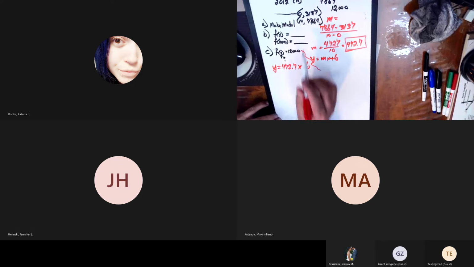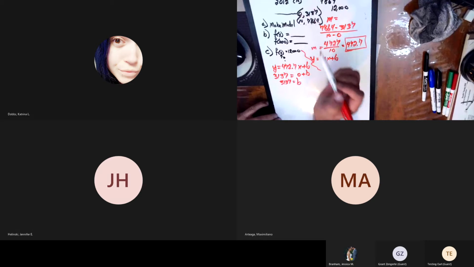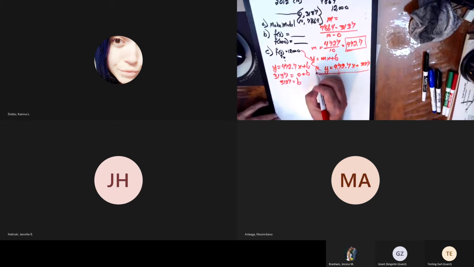So y is 3137 equals 0 plus b, and so my b happens to be 3137. We knew that because we got a 0 here. That tells me that's my y-intercept. So the equation of my line is y equals 472.7x plus 3137. There's my model. You can call this f of x if it makes you feel better.